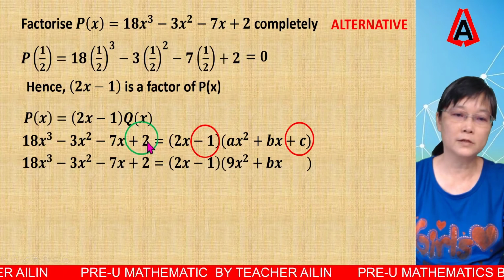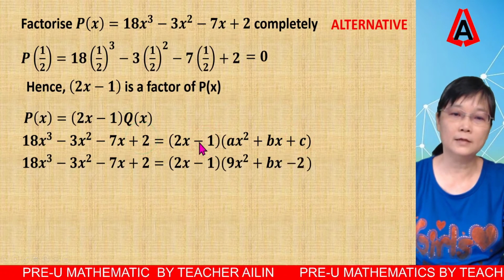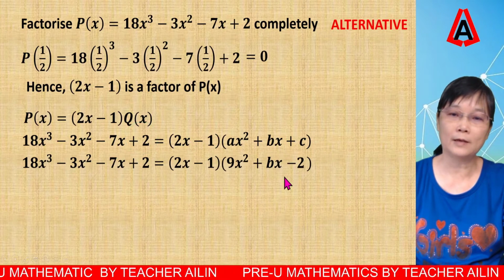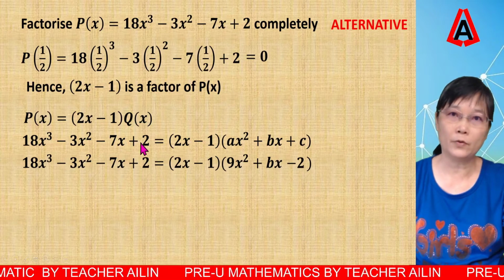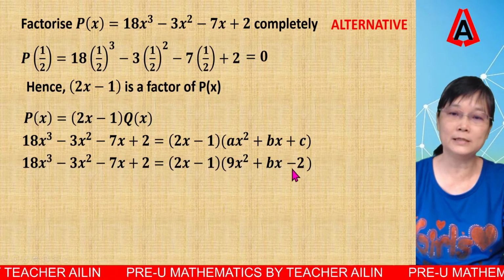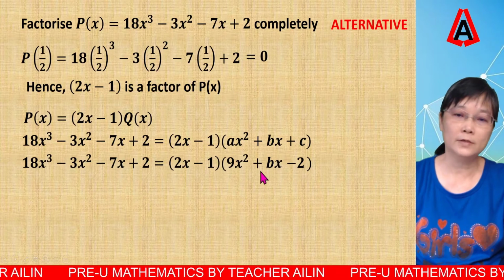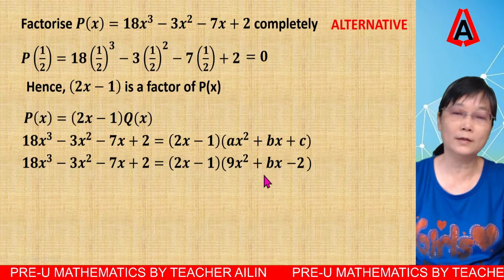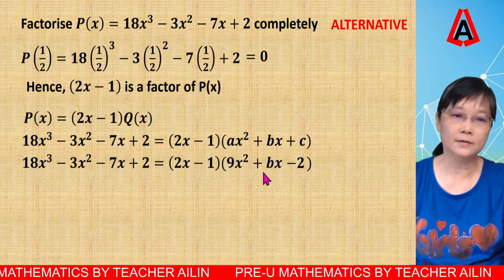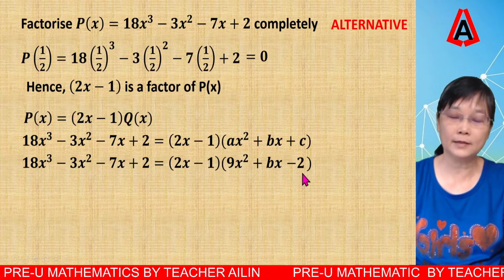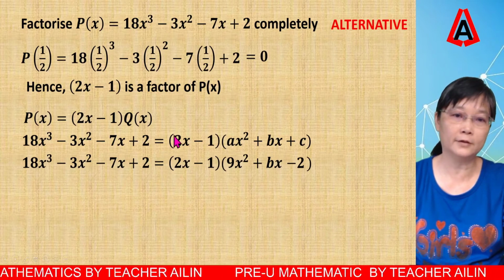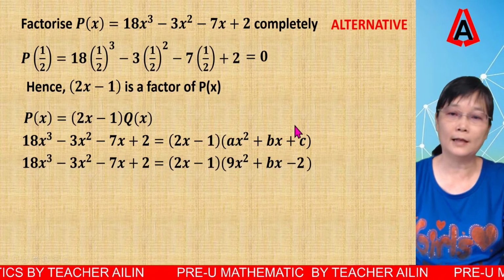We get positive 2. So definitely negative 1 times negative 2, I get positive 2. So c is negative 2. So it means here I have only one unknown to find. And this method is only valid for the first term and the last term.